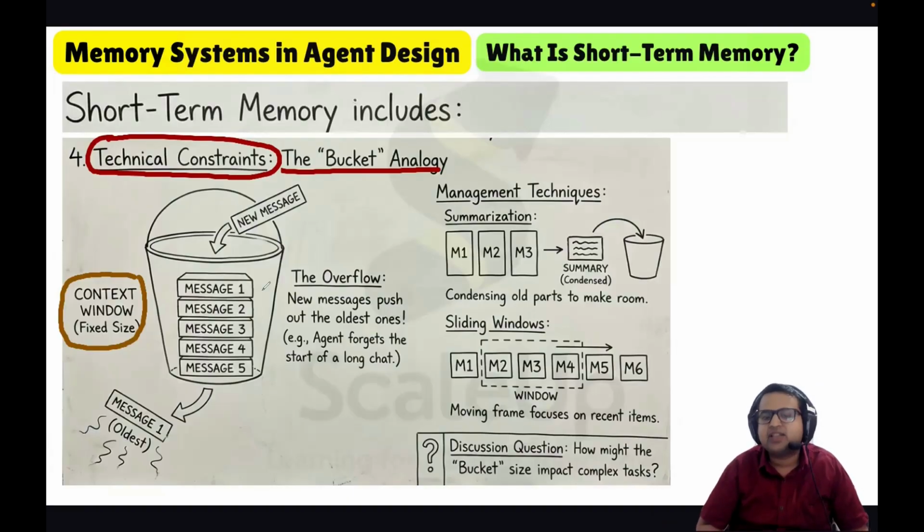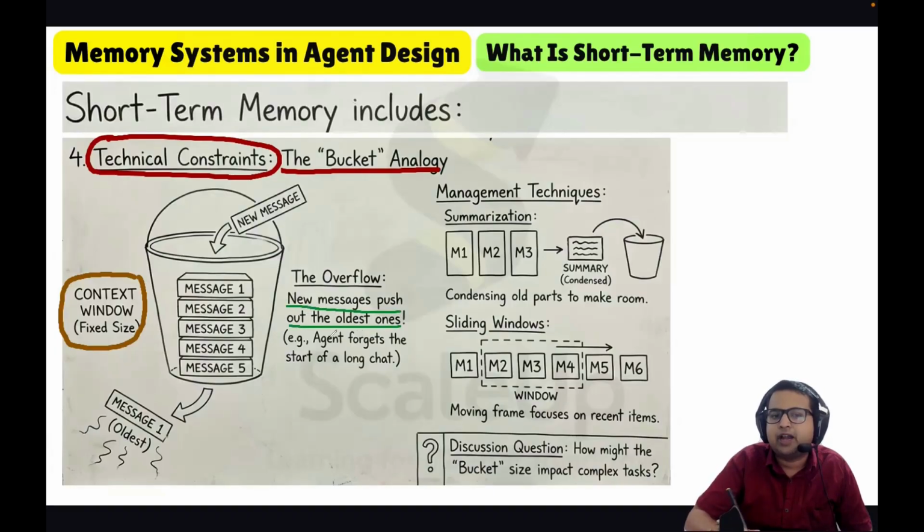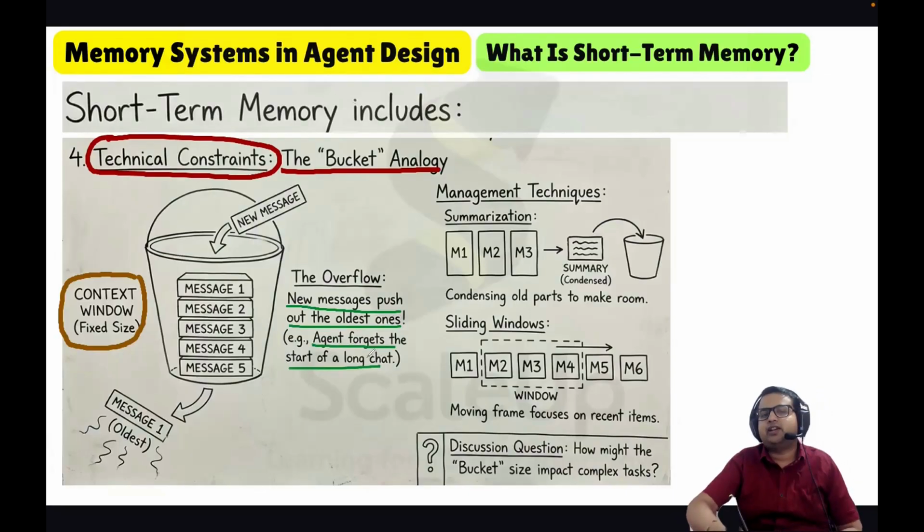And the agent will start forgetting those old pieces of information. So this is a very important insight we got, the overflow of the context window. New messages push out the oldest one, and because of that, the agent forgets the start of a long chat.